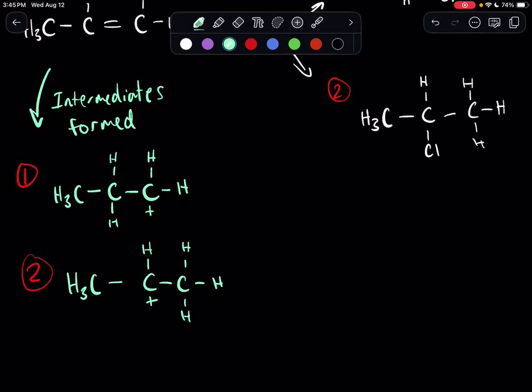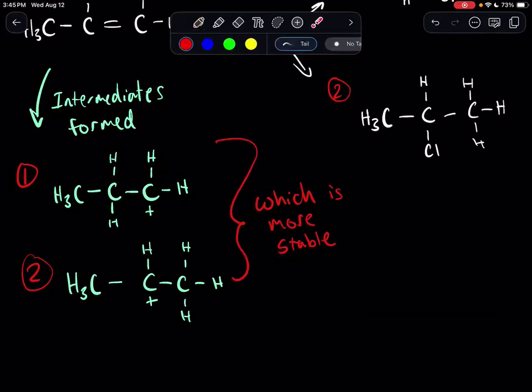And the question is, which is more stable? Because the one that's more stable is more likely to occur, and therefore we're more likely to have that as a product. Now, when we're looking at carbocations, we're looking at how well that charge can be distributed to help with that stability.